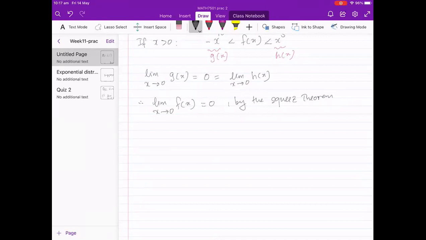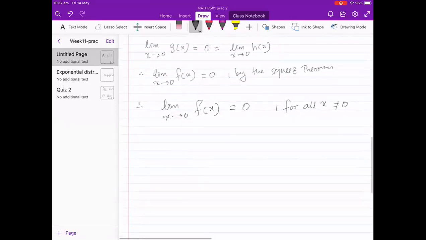So in conclusion, the limit as x tends to 0 of f(x) is equal to 0 for all x not equal to 0.